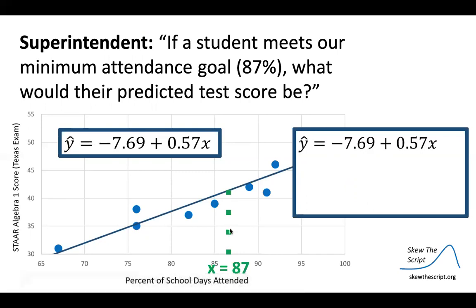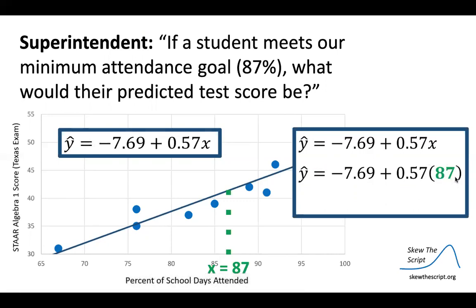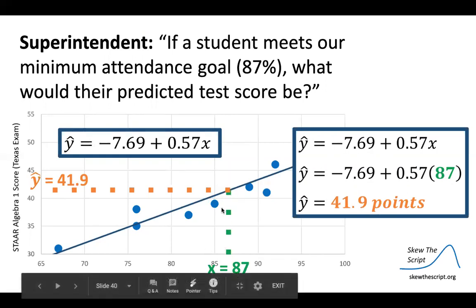There's 87 right there on the graph, just after 85. I'm going to substitute in 87 for x. Now I'm going to multiply and add. So if I do negative 7.69 plus 0.57 times 87, I would get 41.9. And I can see that on the graph. That's right where it is on the graph for 87.